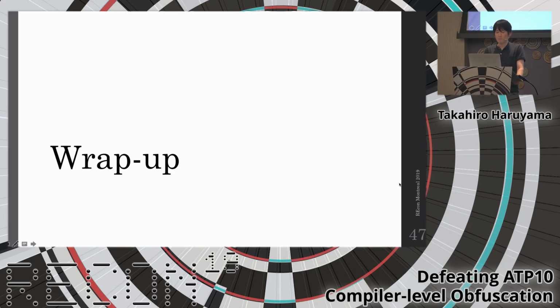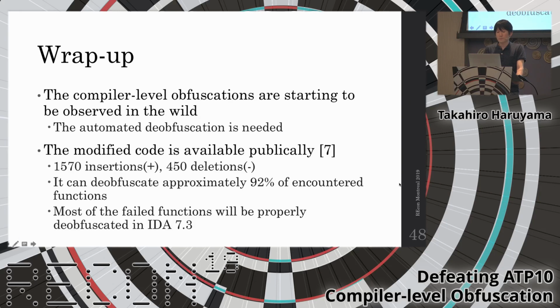I wrap up my presentation. The compiler level obfuscations are starting to be observed in the world. The manual analysis is painful and time-consuming, so the automated de-obfuscation is needed.